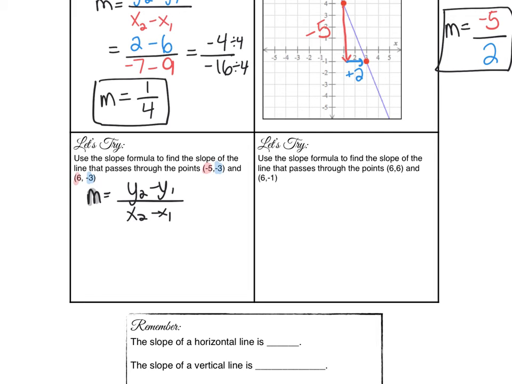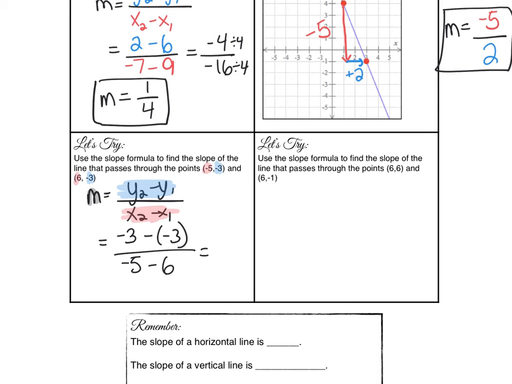So the y's are what I highlighted in blue, and the x's are what I highlighted in red. So we have m equals -3 minus -3, because those are my two y values, all over -5 minus 6, because those are my two x values.